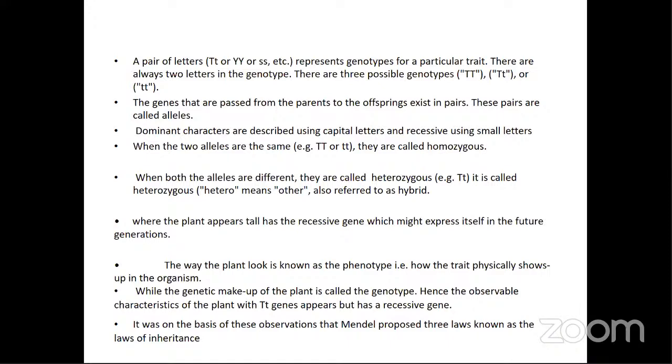If it has big letter Y and small letter y, that means even though the pea is appearing yellow, it also has some recessive color for white or any other recessive color. And if you see ss, short or small, whatever character is being studied, they are both small letters. So that means the character is recessive.